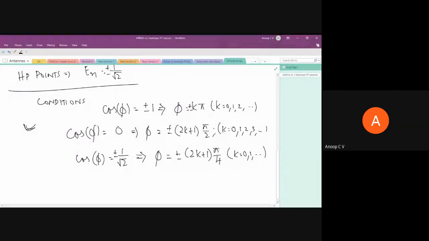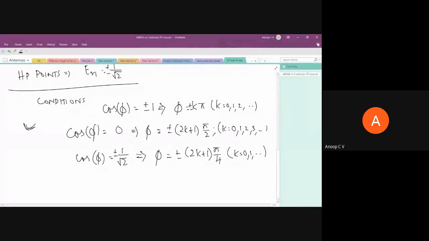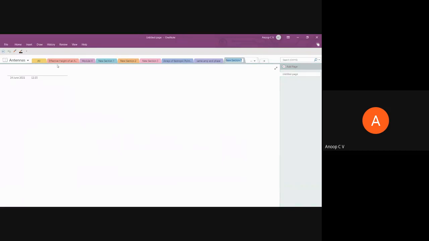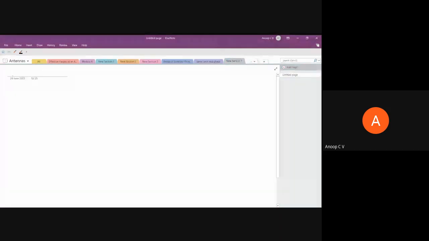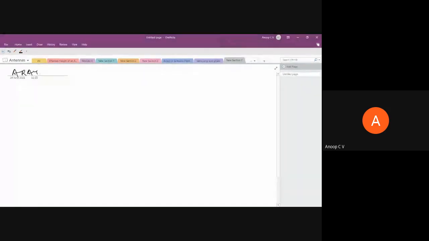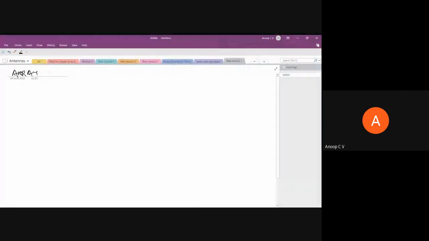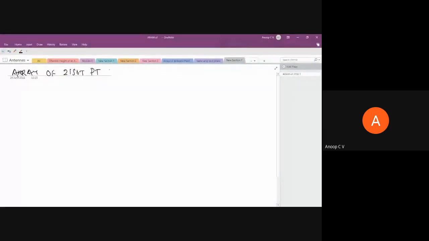So now we'll move ahead and move on to the next case. The next case is arrays of 2 isotropic point sources.